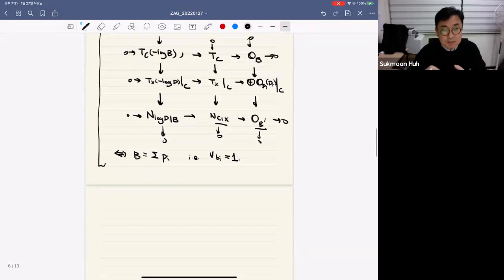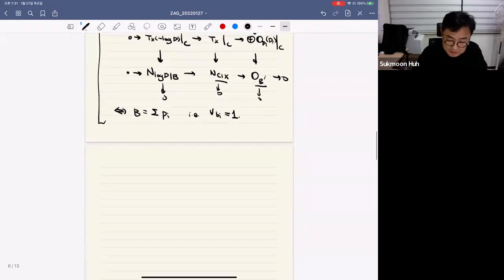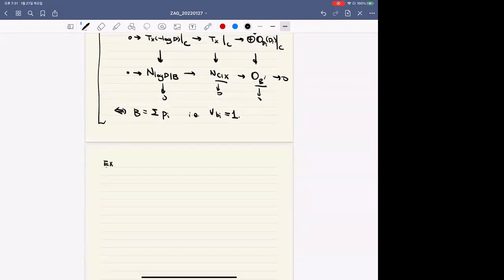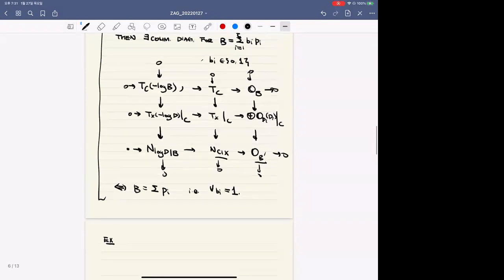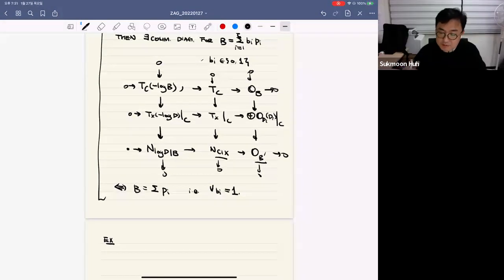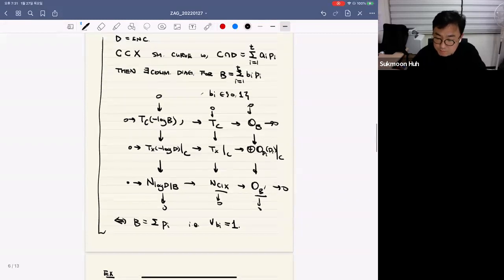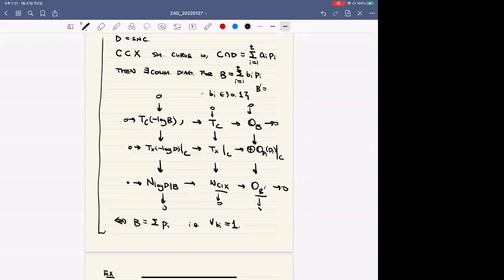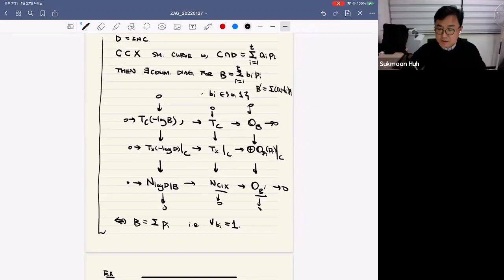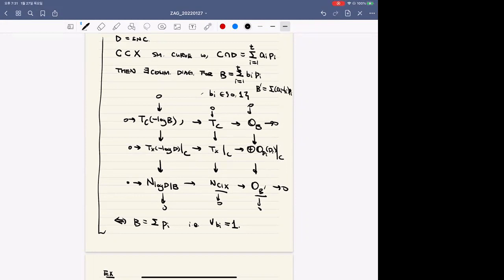And it turns out that this lemma is really powerful, very useful in distinguishing one logarithmic bundle from the other. And here is an example. What is B prime? B prime is the sum of (a_i minus b_i) times p_i.